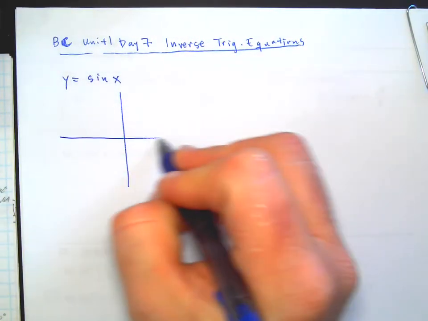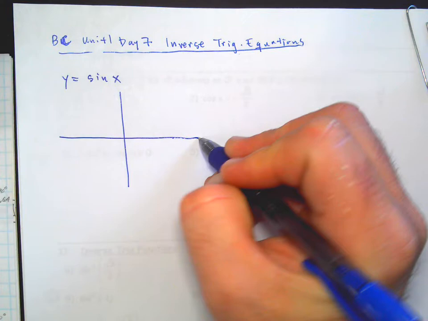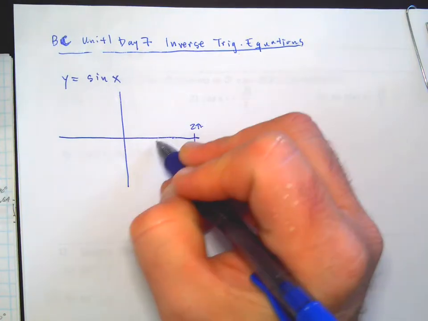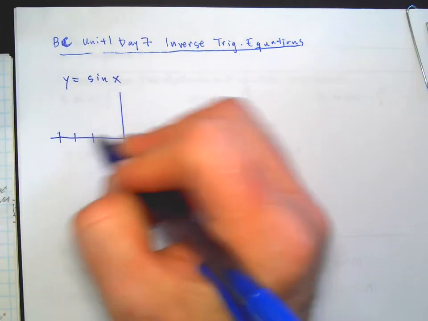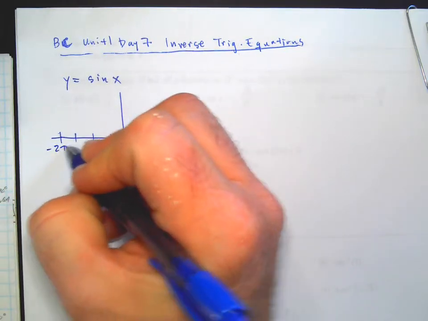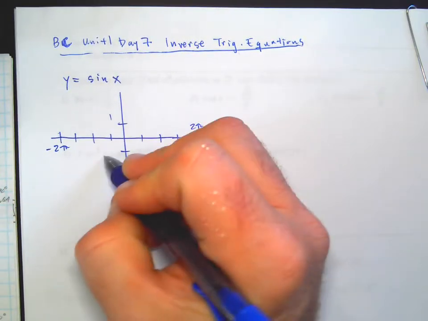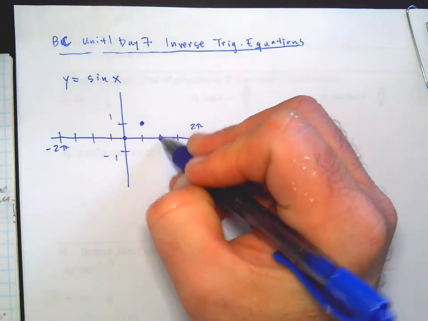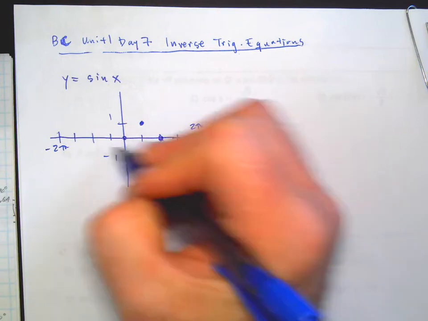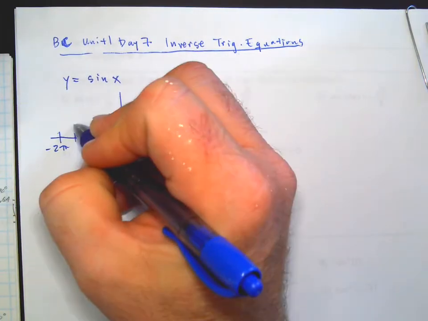So the sine graph, the period is 2 pi, cut the periods in half, cut in half, cut in half. Amplitude is 1, -1, and the graph starts at 0, 1, 0, -1, 0, and over here it keeps going.